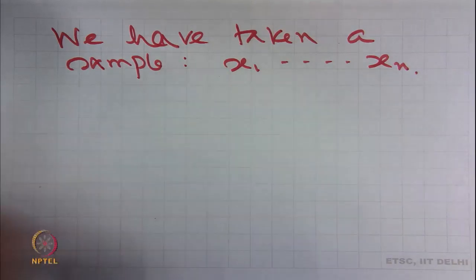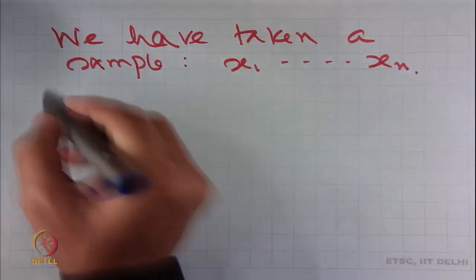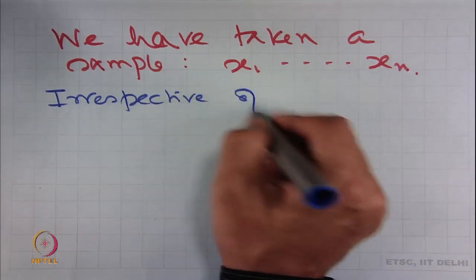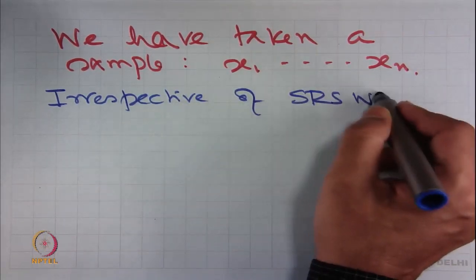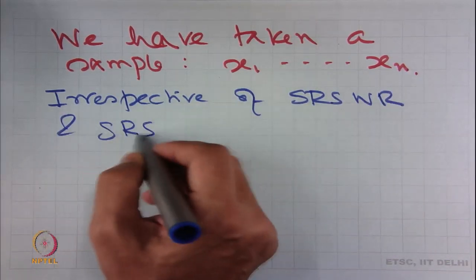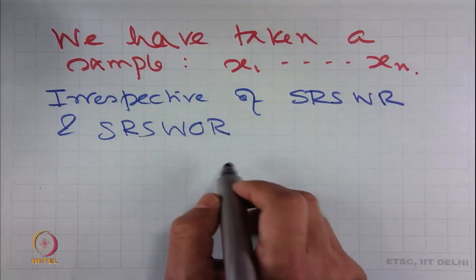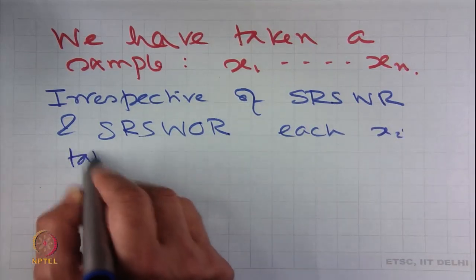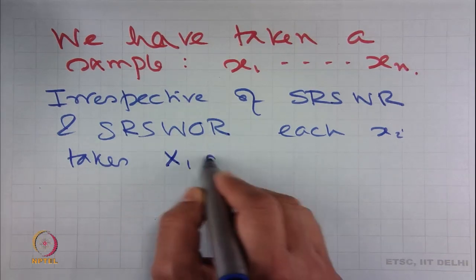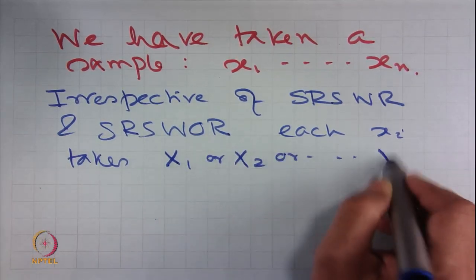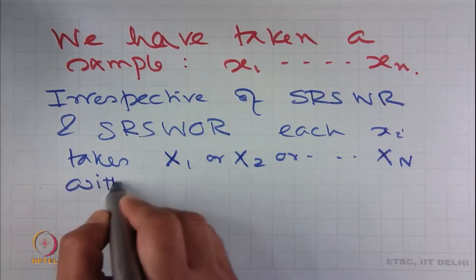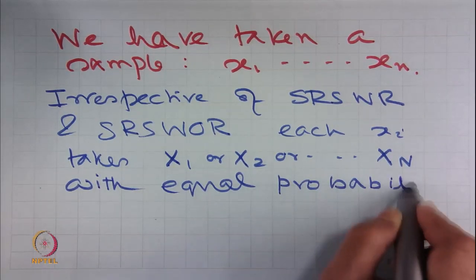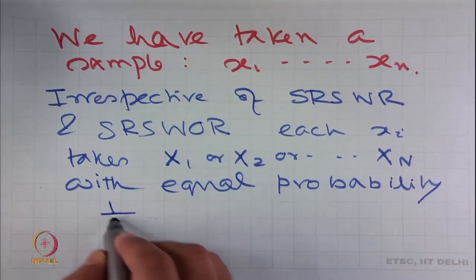Irrespective of SRS WOR and SRS WR, each xi takes x1 or x2 or xn with equal probability, one upon n.